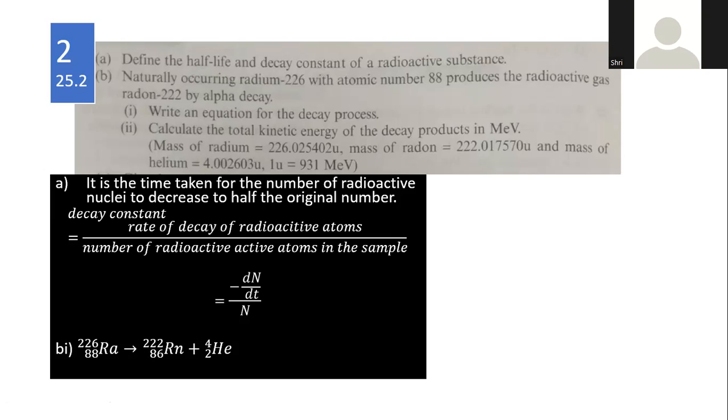Try to calculate for me, since I've been doing this for you so many times. Calculate the total kinetic energy of the decay product in mega electron volt. How should I do?